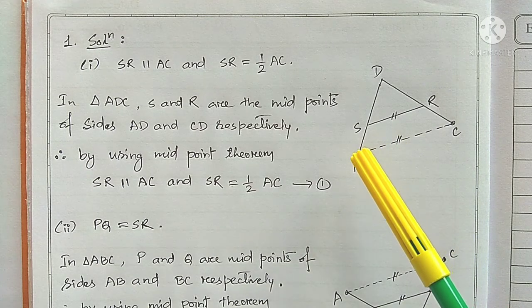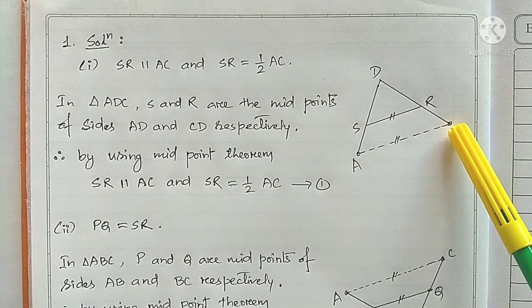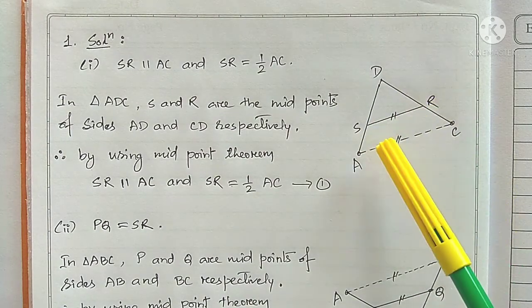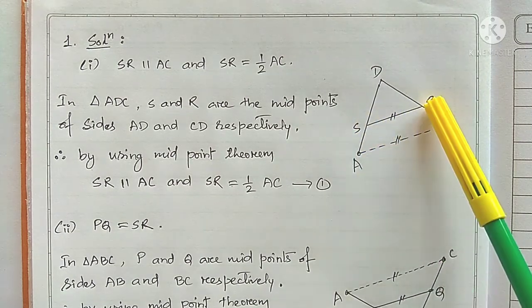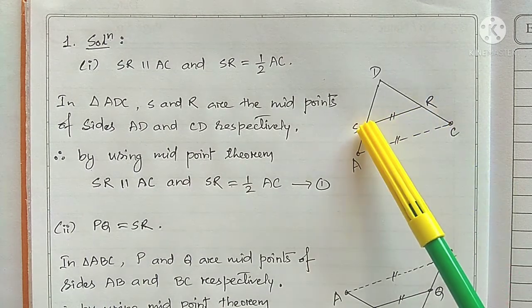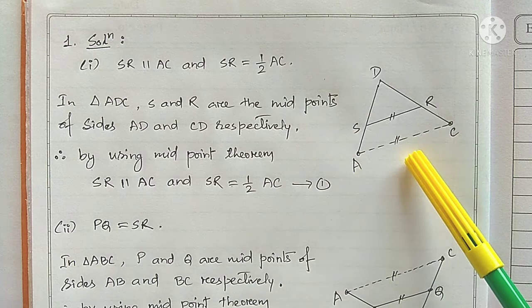According to our midpoint theorem, if ADC is a triangle and S and R both are the midpoints, when we join these two points S and R, this SR is always parallel to the third side.